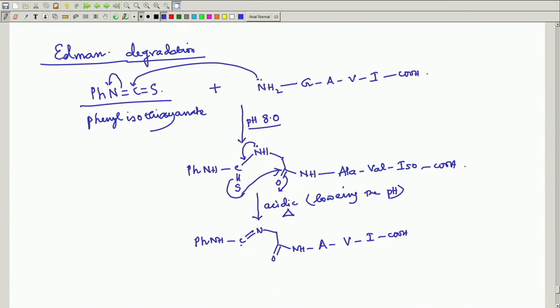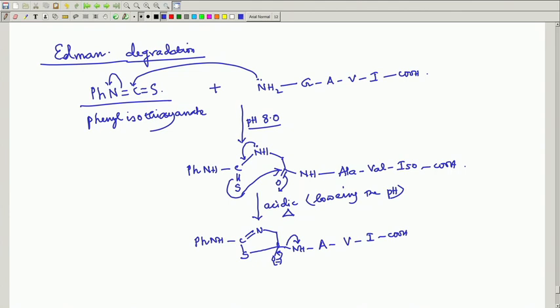So, this is not yet complete, sorry, this is now O minus, this is your O minus, and there is a sulfur carbon bond. Okay. Now, what happens? This O minus comes back and this peptide bond is broken, this amine leaves.